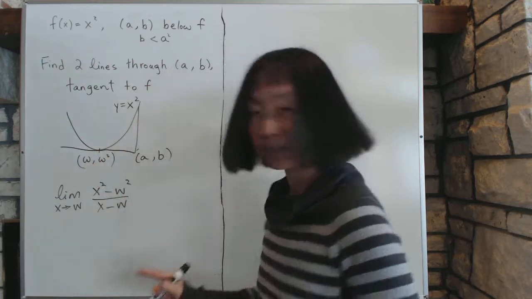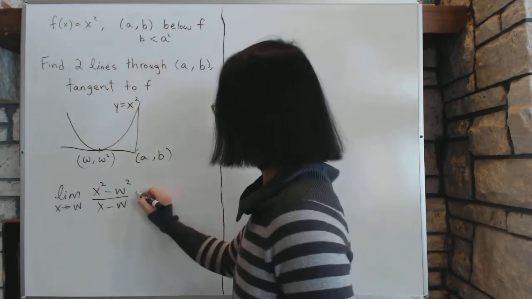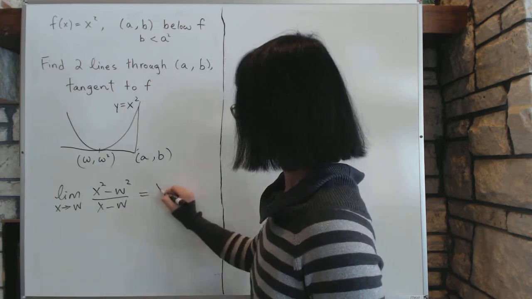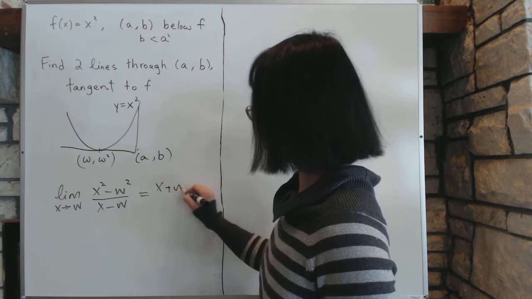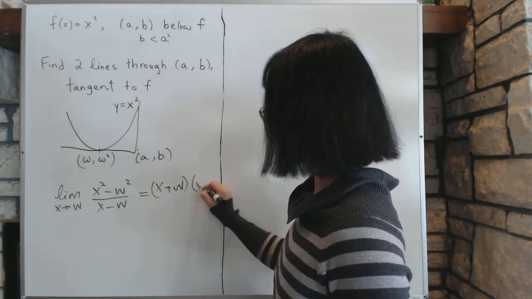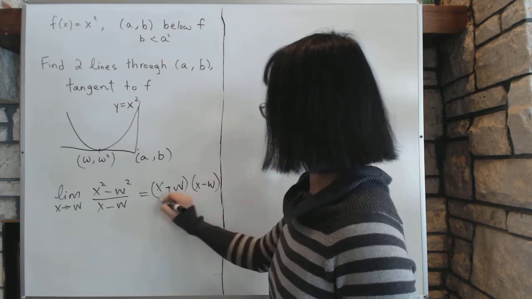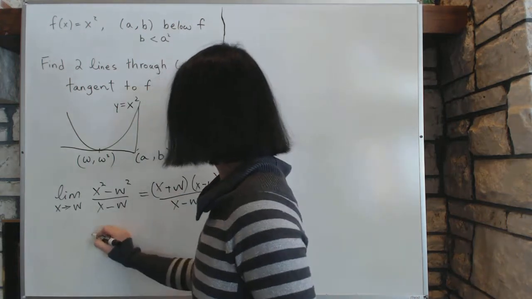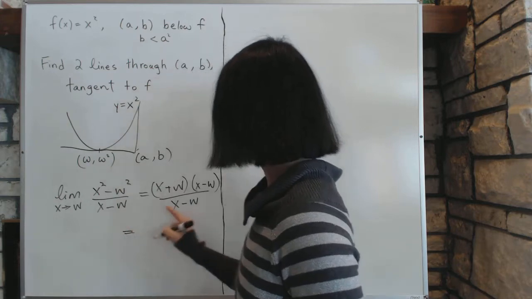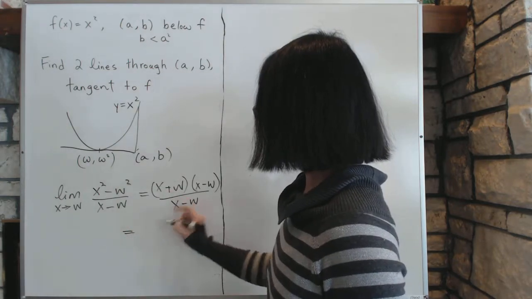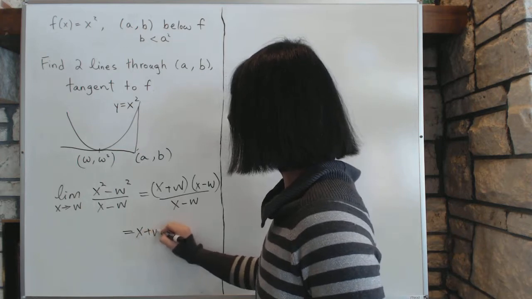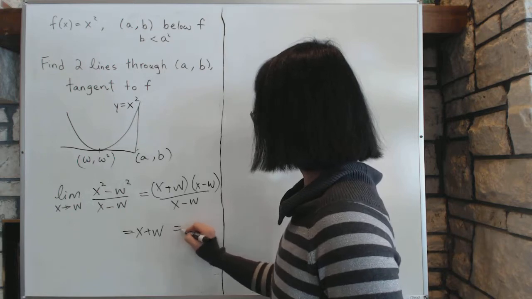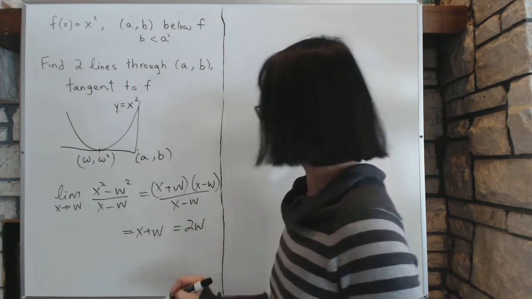That's because we're calculating the tangent at that point. That's a difference of squares, so it always factors out this way: x minus w times x plus w, divided by x minus w, which is simply x plus w. And then as x approaches w, we get 2w, and that is the limit.